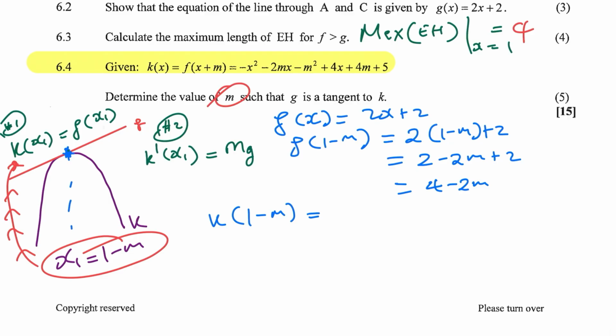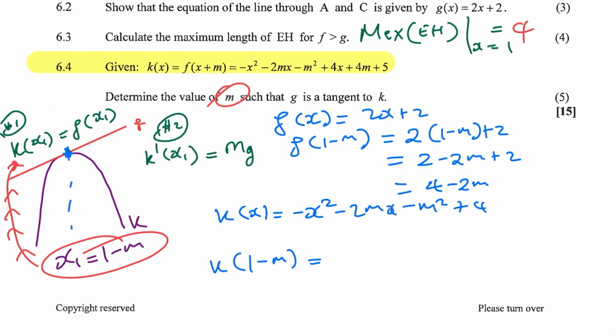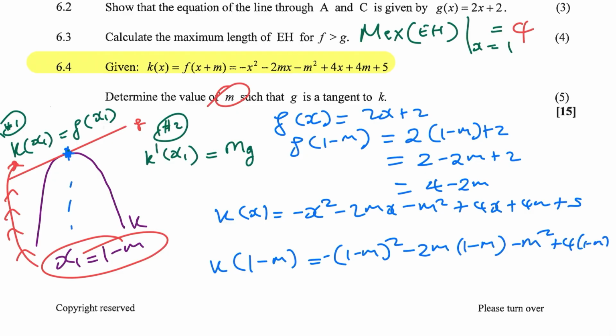We already know what k is. k of x is minus x squared minus 2mx minus m squared plus 4x plus 4m plus 5. Now what I want you to do is substitute where there's x, you just put 1 minus m, so it's going to be minus 1 minus m squared minus 2m times 1 minus m squared plus 4 times 1 minus m plus 4m plus 5.